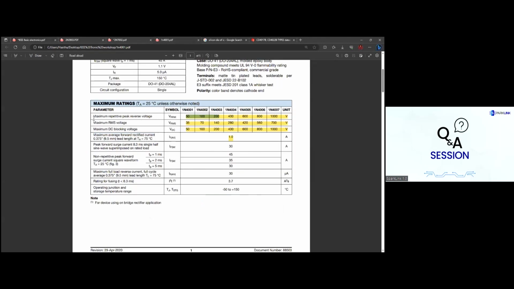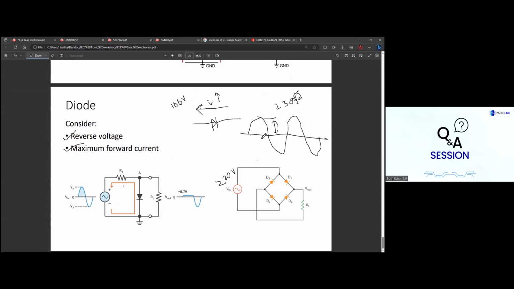Some data sheets may indicate maximum peak reverse voltage, or some old data sheets may say maximum blocking voltage and so on. These two are the same. Thank you, sir.